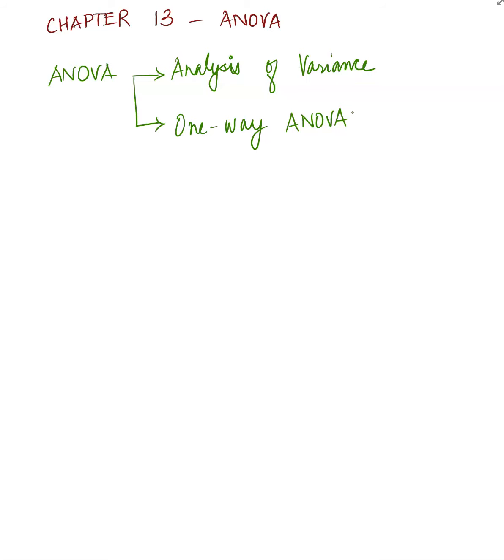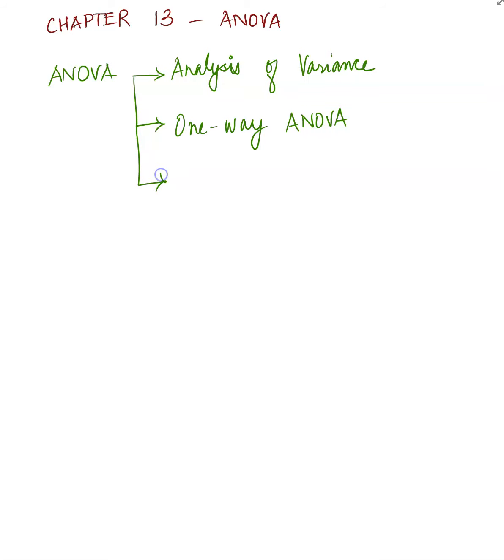If it's an environmentalist, then they might wonder if the average amount of pollution varies in different water bodies. So you can have this idea of comparing means between three or more groups, and for those kinds of situations we use ANOVA. So let's go in here.